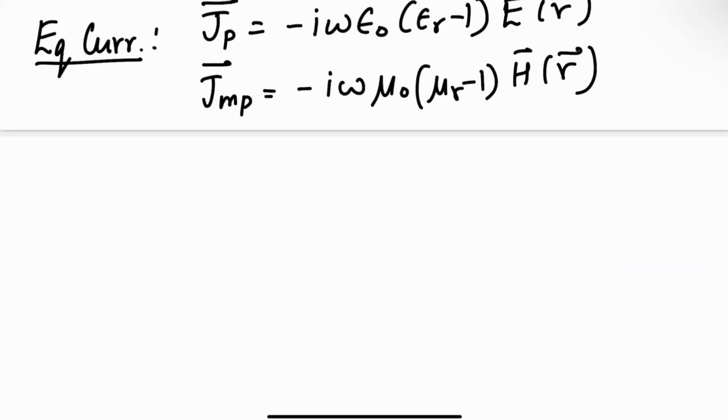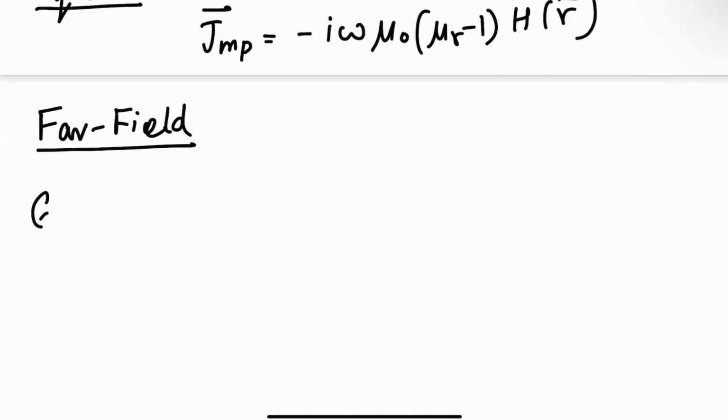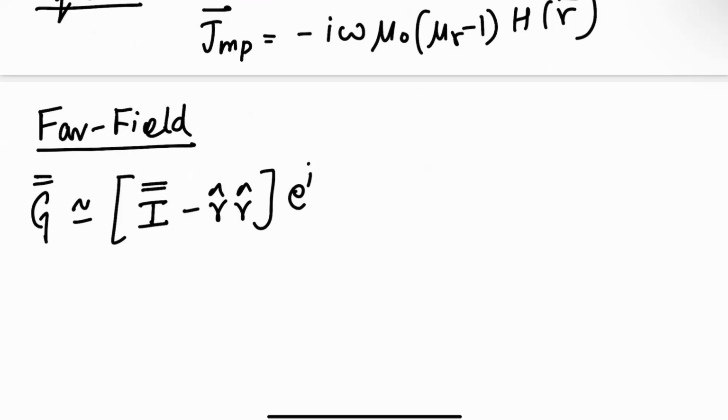Okay, so one last thing is we want to see what happens in the far field. In the far field, the Green's function becomes approximately equal to (I minus r hat r hat) e to the ikr over 4 pi r times e to the minus ik r prime dot r hat. So why is that?